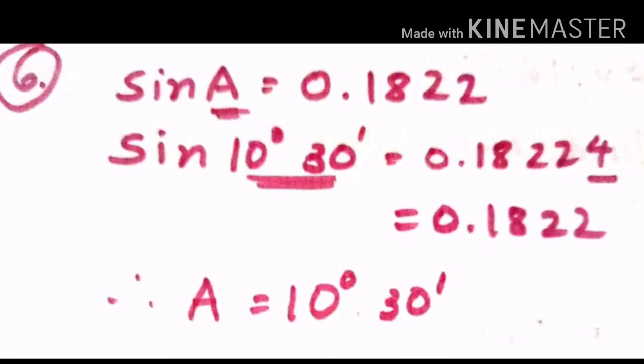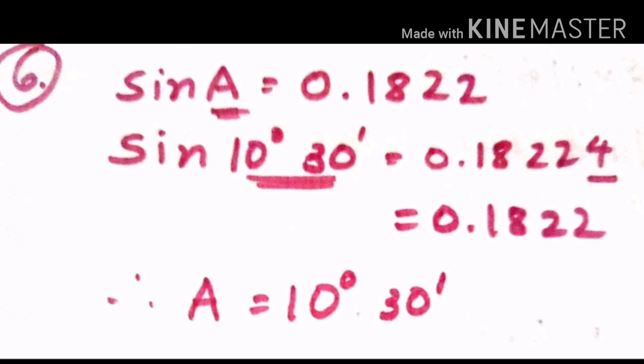Question number 6. Here, using the trigonometric table, find the measure of angle A when sine A is equal to 0.1822. So here again you want the A value, meaning you want the angle. For that you have to see your natural sine table, for the nearby value of 0.1822.